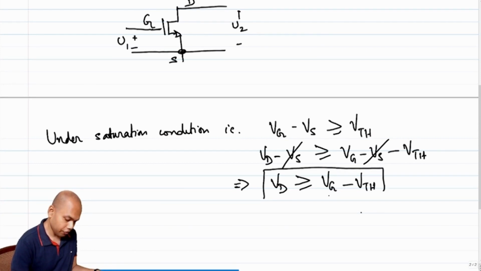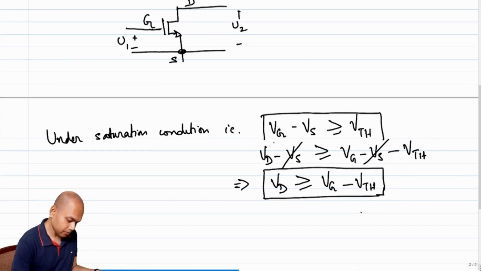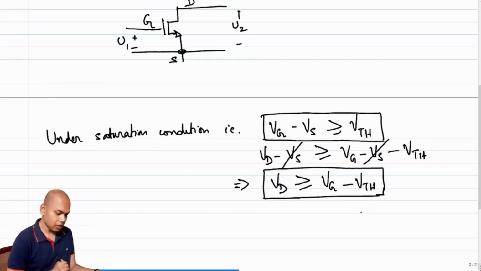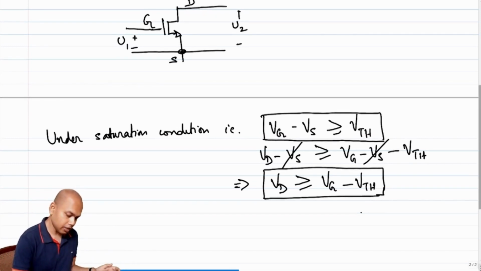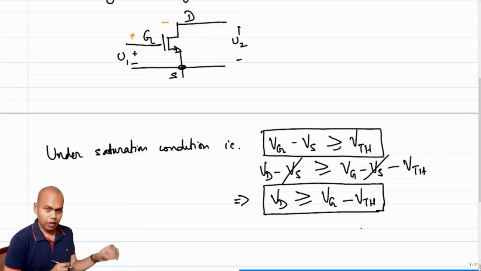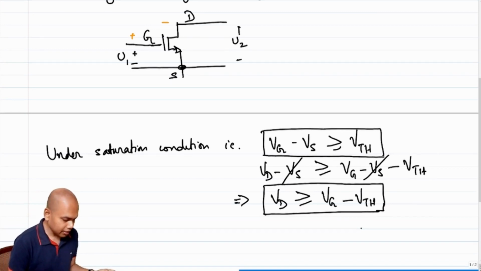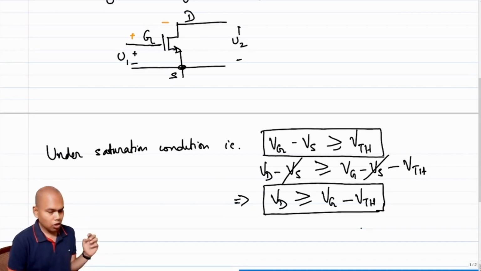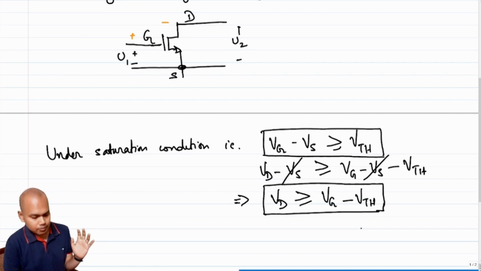So essentially, if we can ensure these two conditions, that is VGS is greater than or equal to the threshold voltage and the voltage difference between the gate and the drain is not less than a threshold voltage, right?